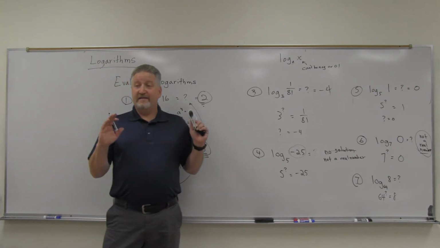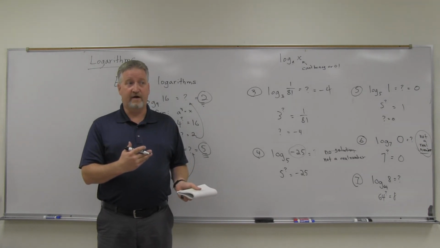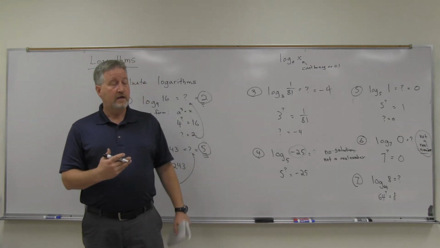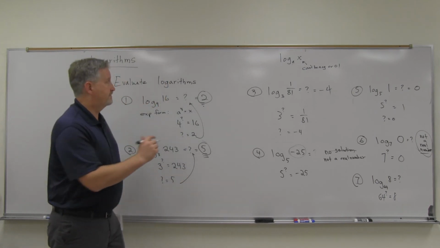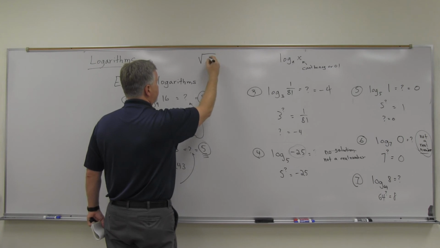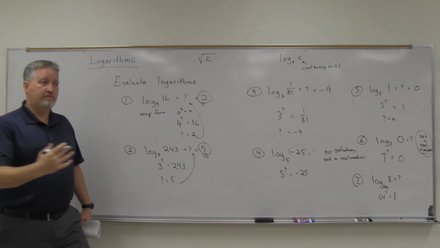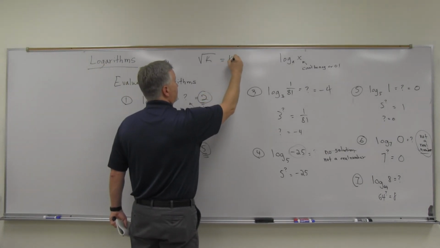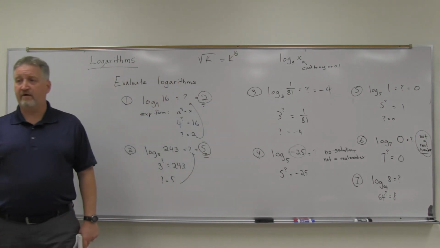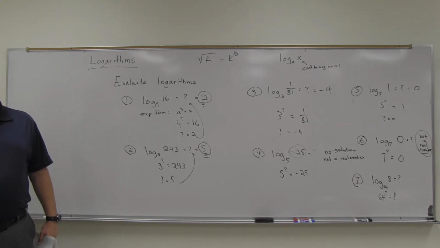Well, if you recognize it there, 8 is the square root of 64, right? So would it be like 1/8? Well, it turns out the square root of any number, call it k, the square root of k can be written as k to what power? It's 1/2. It's the half power. A square root can be written as 1/2 power. A cube root is 1/3 power.